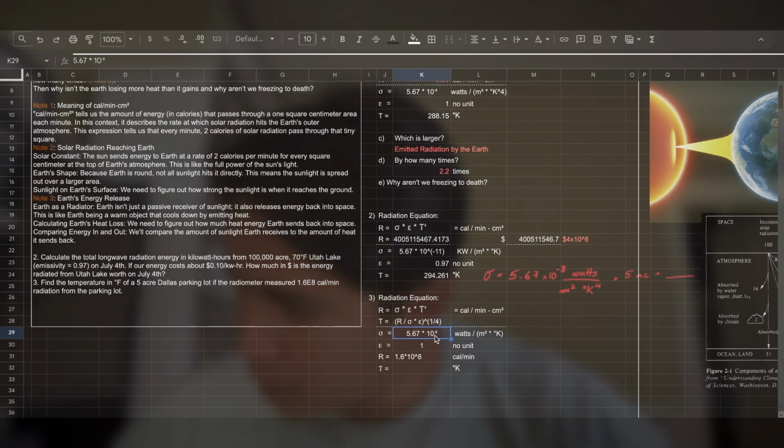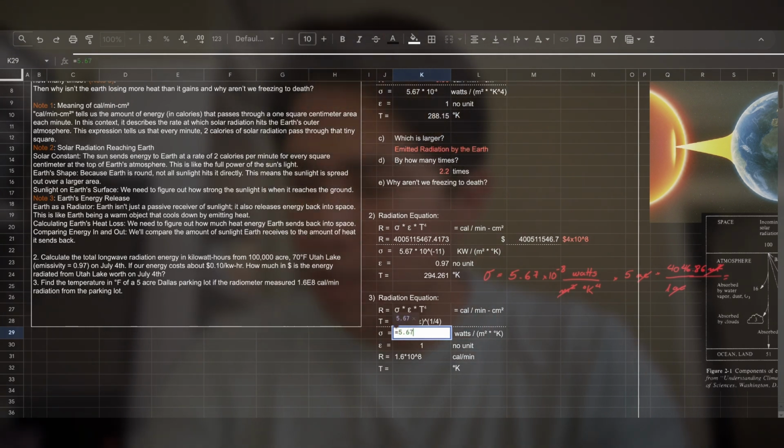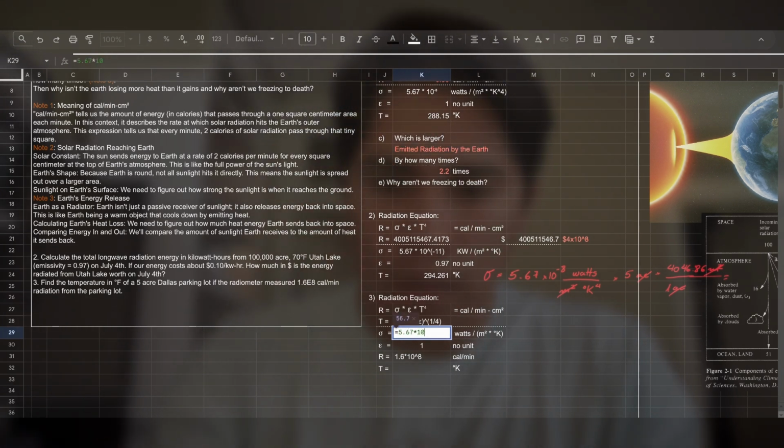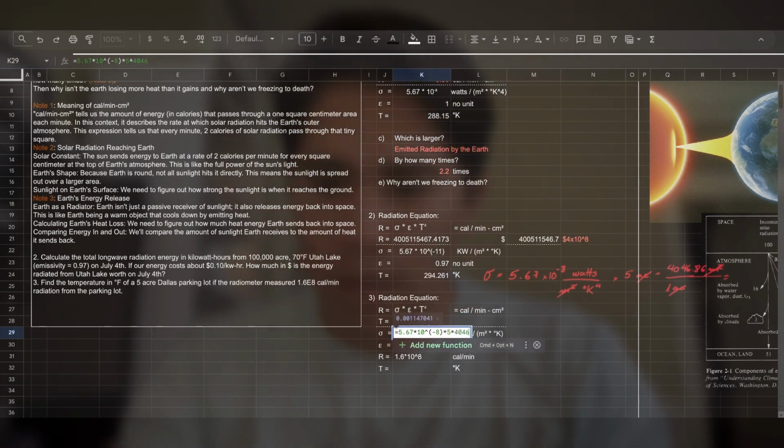And we know that in 1 acre, there is 4,046.86 square meters. So acres cancel, square meters cancel, and we're going to get that this is equal to 5.67 times 10 to the negative 8, all of that times 5 times 4,046.86.